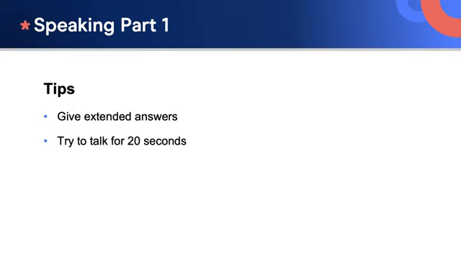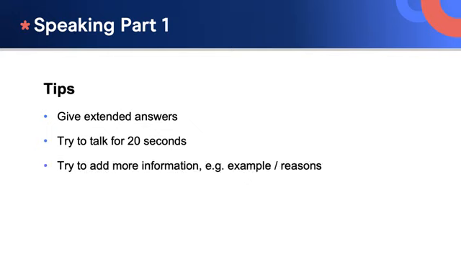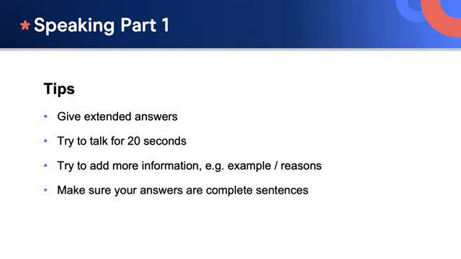That's the equivalent of about 2 to 3 written sentences. Try to add more information to your response, such as giving an example or a reason to explain your answer. Also, make sure your answers have complete sentences. Don't just give single-word answers. Finally, there are no right or wrong answers to the questions, but what you say should answer the question.